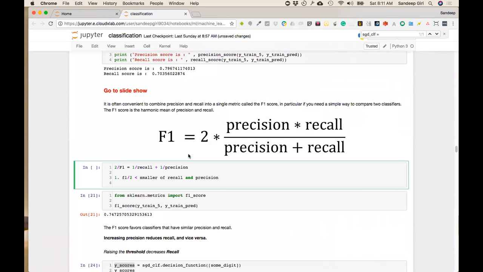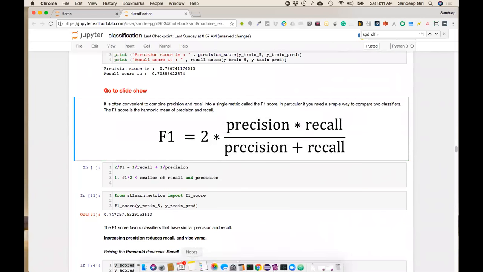The way you have to look at it is that precision and recall are both lesser than 1. So precision multiplied by recall is always going to be the multiplication of both.